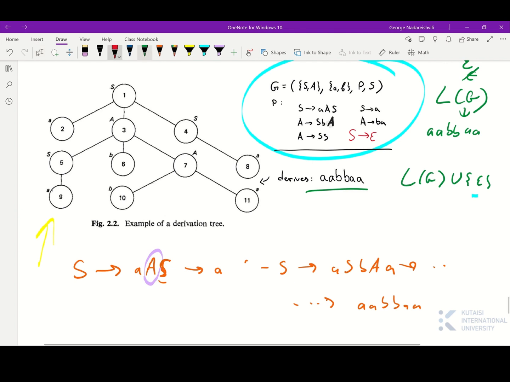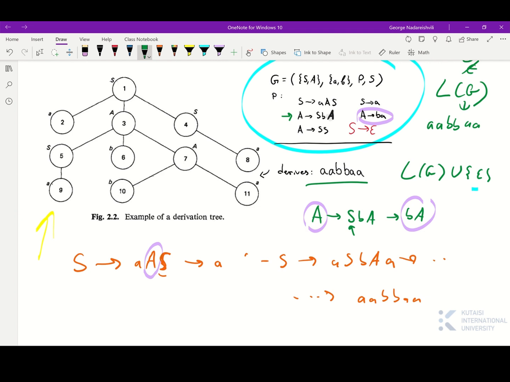But now look what I did. I had this derivation here, right? Let's look at this derivation. This derivation said A derives SBA. But now I can have S derive epsilon, so I can use this here, and this derives BA. Is that right? So I have something else going on now. This is actually okay because I already had this here. But let's use it at a different place. I had this string, A derives SS.